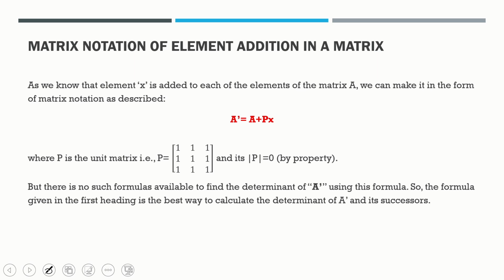so next thing is matrix notation. Okay, so what we have studied, that it can be written as A plus X, B plus X, C plus X, t plus x.